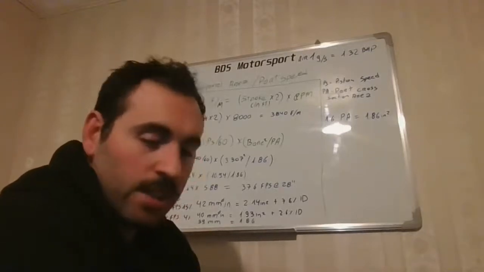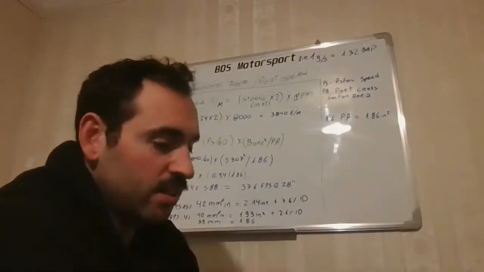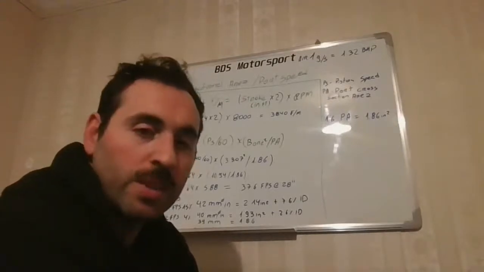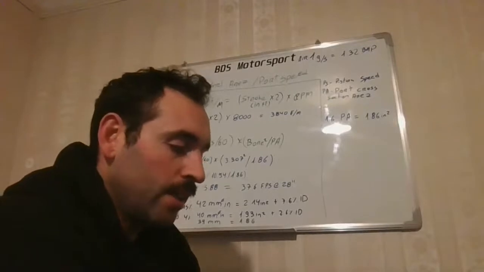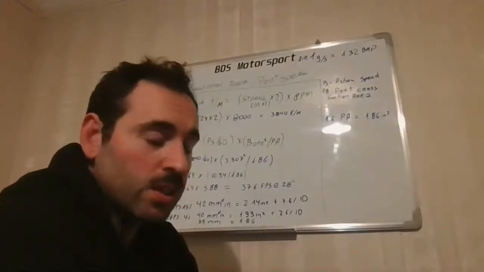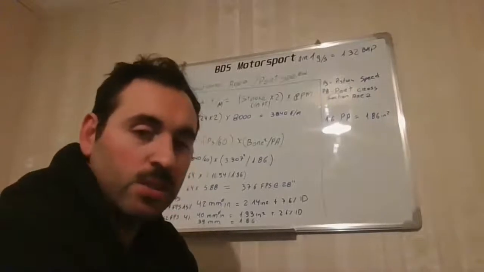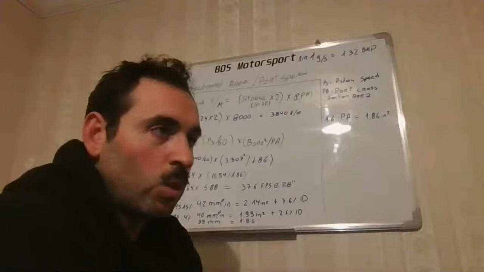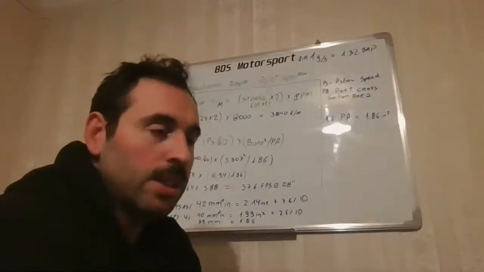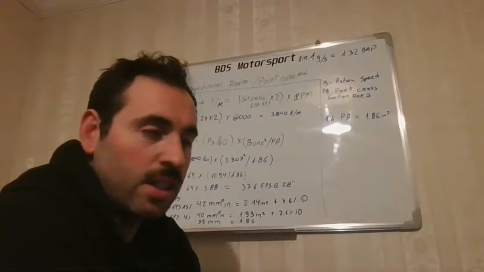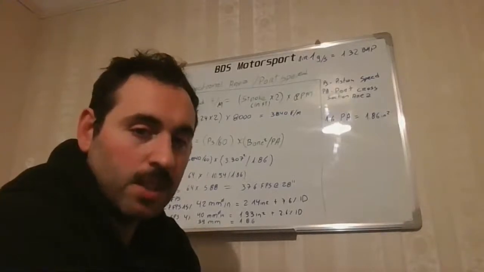Now, I bought another bit of equipment this week to help me develop a bit more of my intake manifolds. And what this equipment does, I'm going to use it on the dyno because it's the only place I can really use it, when I'm flat out. It measures the atmospheric density.